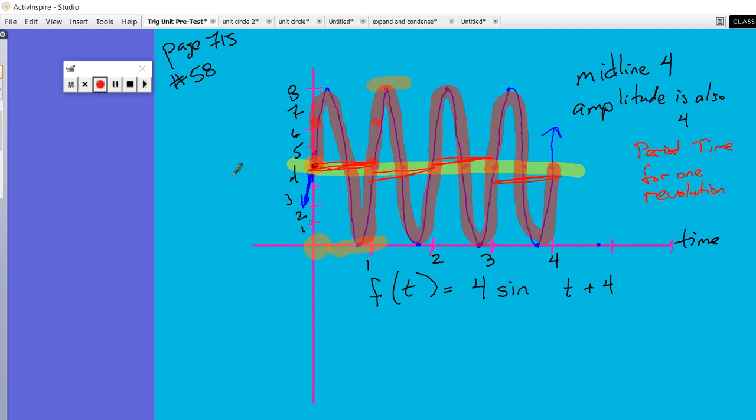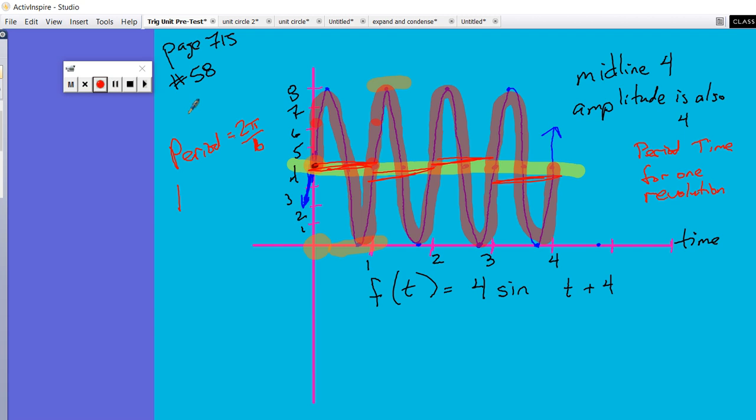So if we go to our formula, we also know that the period is always equal to 2 pi over b, and b is what we're after. B is the number that goes right here in front of our time variable. So I know the period is 1 revolution, taking 1 amount of time.